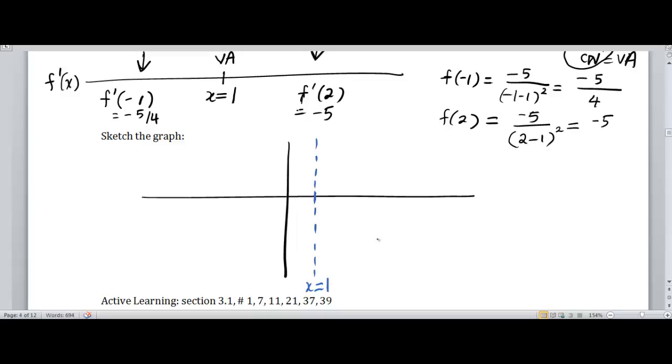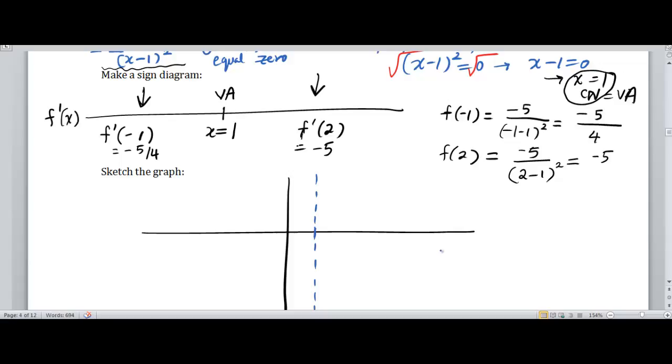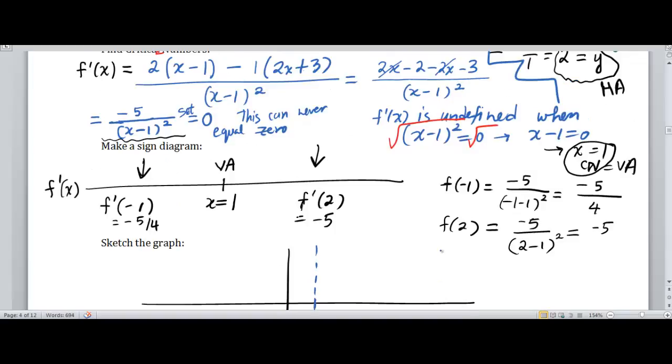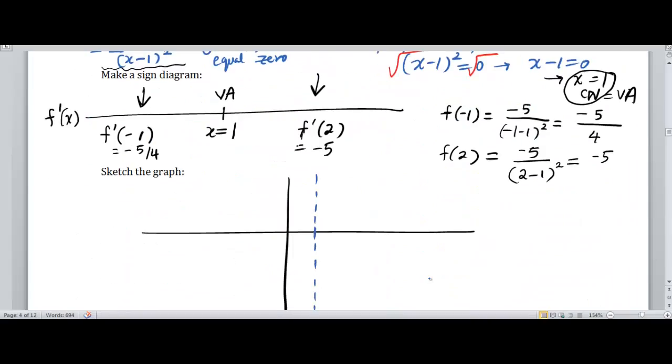This is the line x equals 1, right? That's my vertical asymptote. And where's my horizontal asymptote? Let me look at that. Horizontal asymptote is y equals 2. So here's 1, 2.